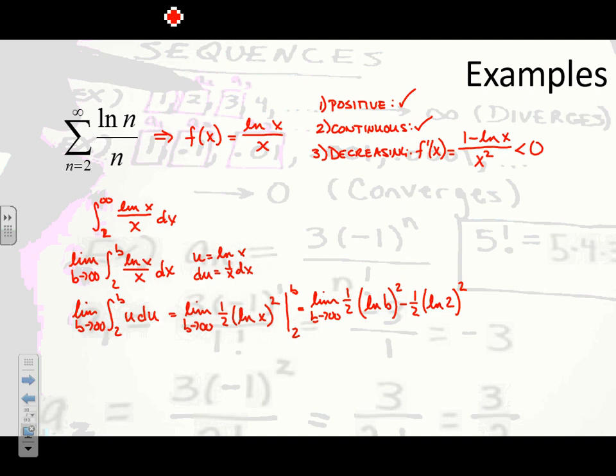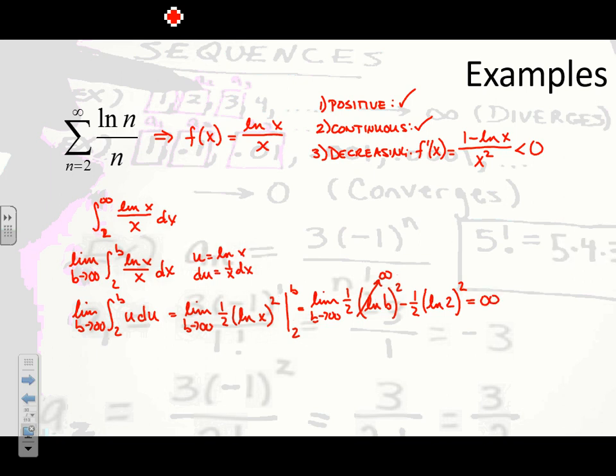So when we evaluate this limit, what's going to happen? Yeah, so the natural log of b is going to go to infinity, minus the 1/2 natural log of 2 squared, which means we're going to go to infinity.